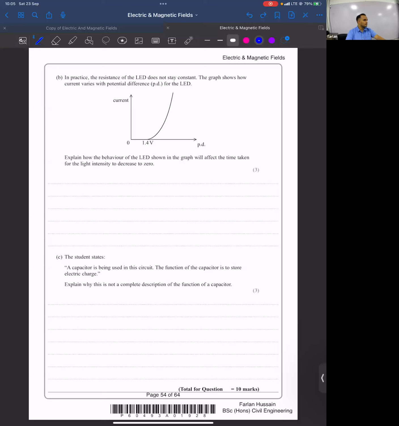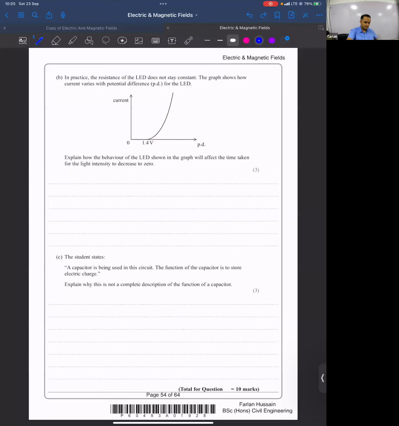What do you think? It will be more, sir. It will be more. Why? Because current is increasing, right? So if current increases, that means there's less resistance.